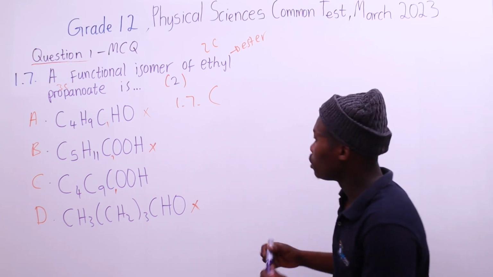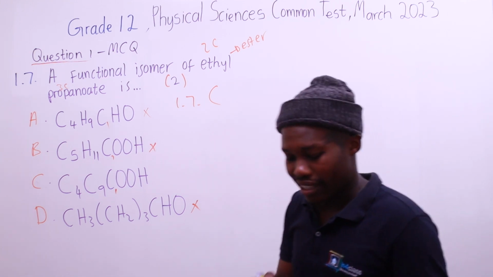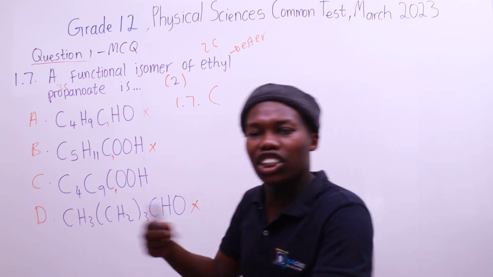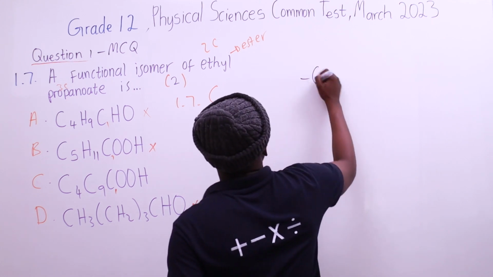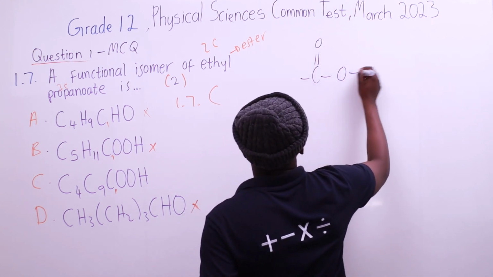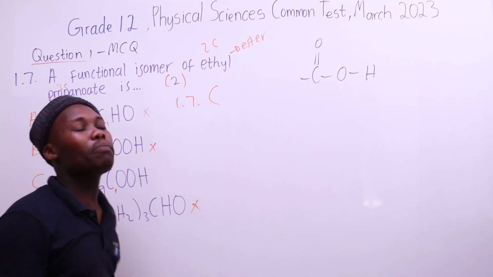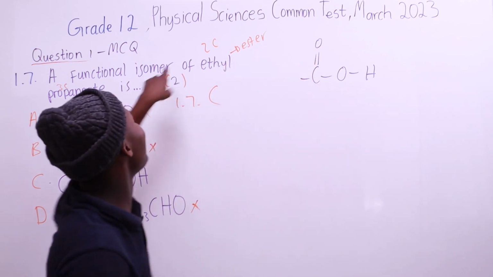So look at the other one, remember the ester. The functional group of the ester is C double bond O with O, like the functional group of the carboxylic acid, which is a functional isomer of this ester.